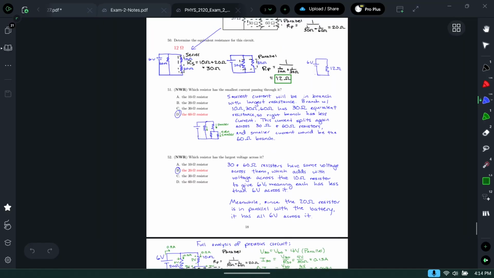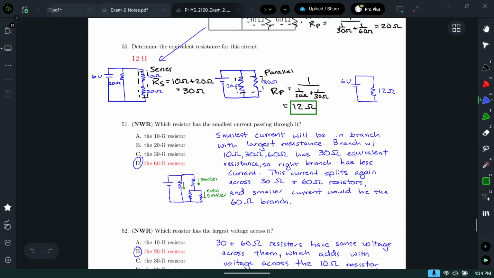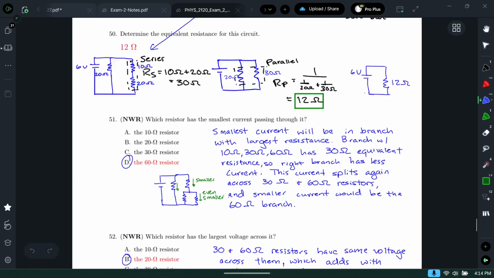It looks like you're saying that just because the current is split up into a tiny resistor or tiny area, that just means it has the smallest current passing through it. Is this true all the time? Maybe let me talk through this one a little bit more, and that may help answer the question better than if I try and give it an abstract sense.